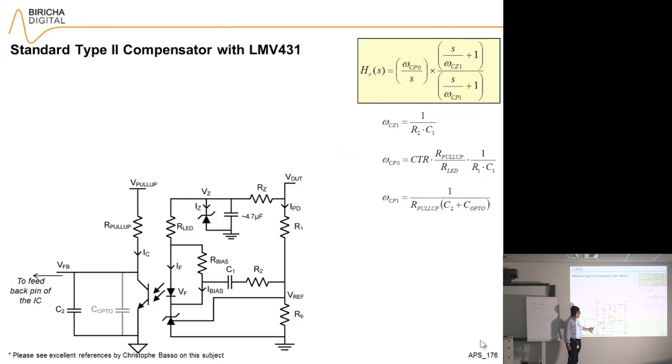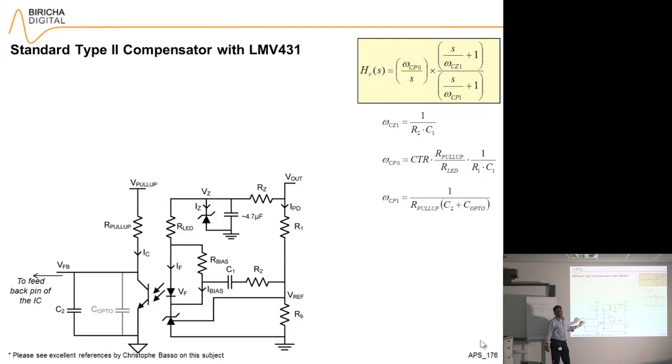We represented it with C opto, and we also said that this represents a pole between R pull-up and C opto. And I can change the position of this pole by adding some capacitance across here. So I've got some control over the pole that this is creating for me. The equations you see are extremely similar to what you have on a standard op-amp with a standard component. It's just that now you have got an optocoupler in the middle, but we have characterized it.